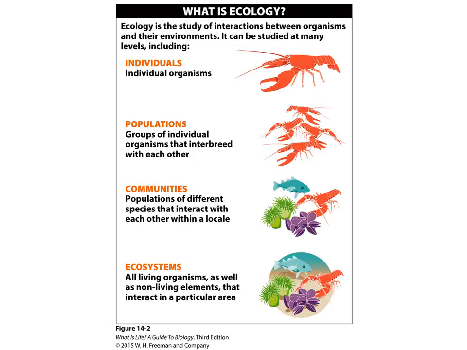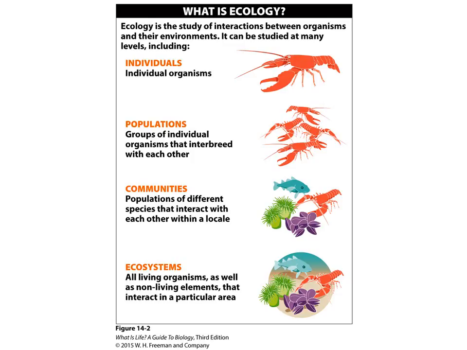On the individual level, ecology deals with how individual organisms respond biochemically, physiologically, and behaviorally to their environment. On the population level, it's how groups of interbreeding individuals change over time in terms of their growth rates, distributions, and genetic makeup. So populations would be groups of the same species living together.